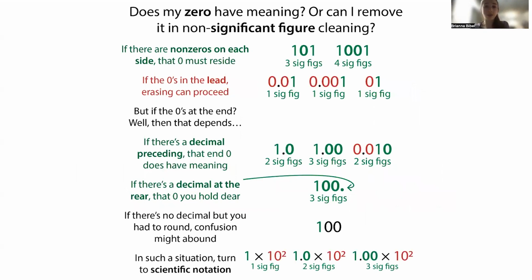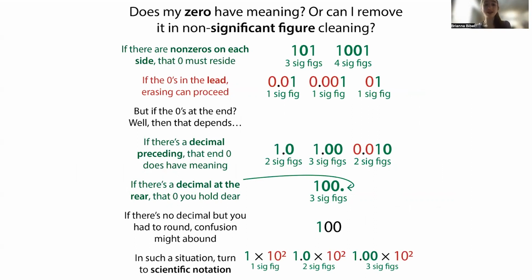So how do we actually report the number of significant figures? Well, if any number you report is not a 0, that number you're saying is significant. If there's zeros in between non-zeros, those zeros are significant and they count. If there's zeros in the lead, then erasing can proceed. And so basically zeros before a number are just serving as placeholders and they don't count as significant.